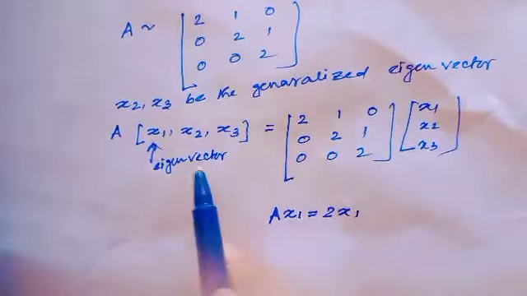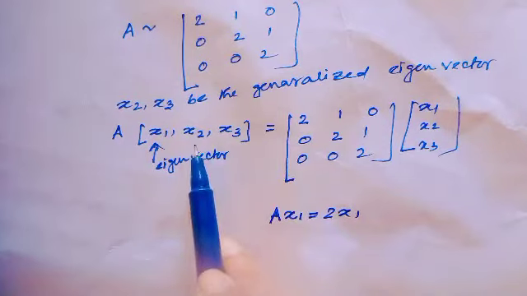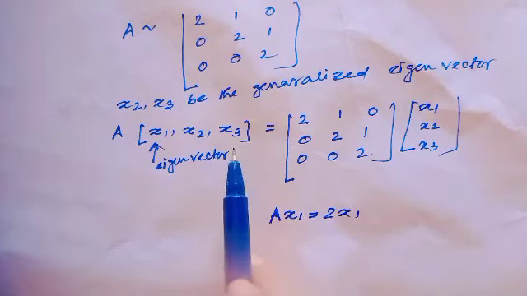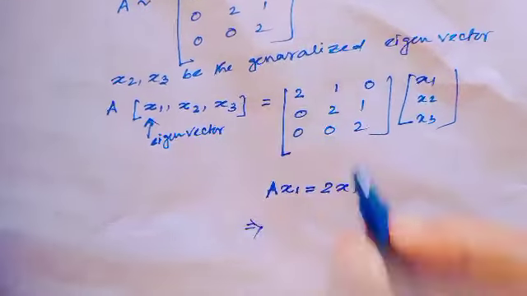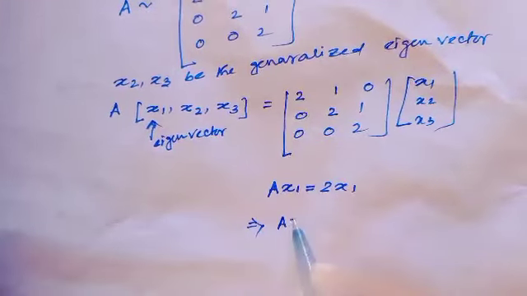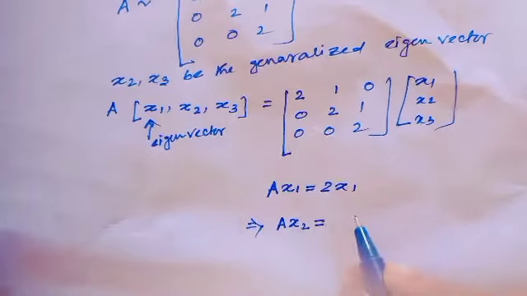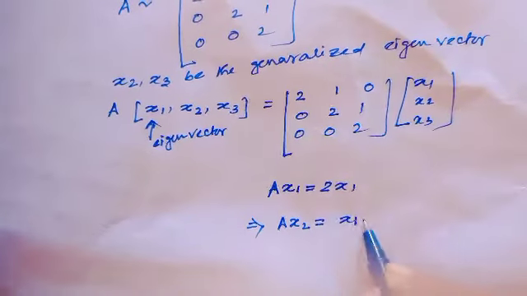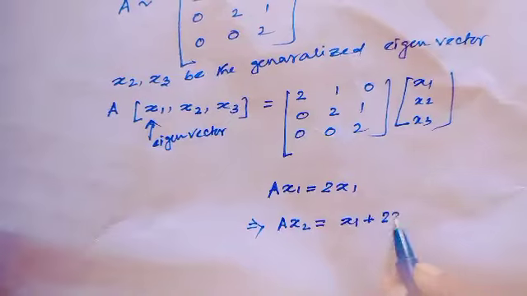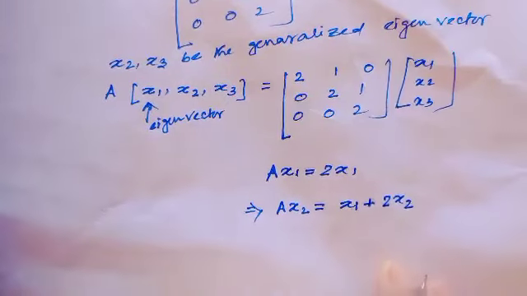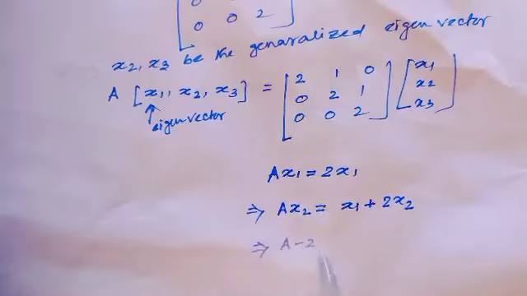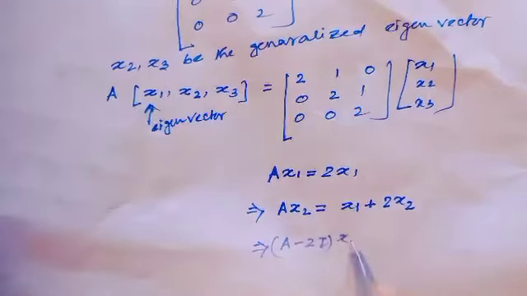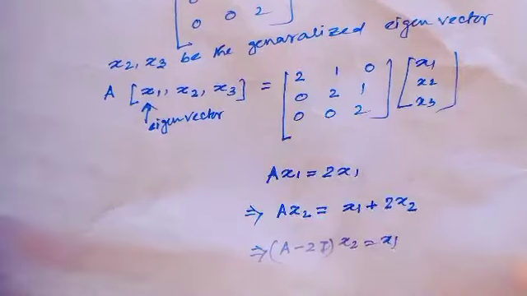Now I will prove that x2 and x3 are generalized eigenvectors. Here notice A x2 equals x1 plus 2x2. That means (A minus 2I) times x2 equals x1.